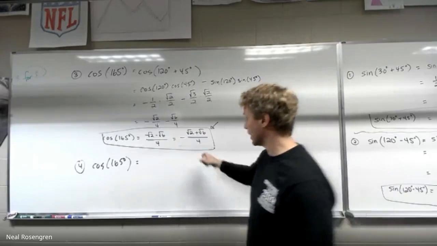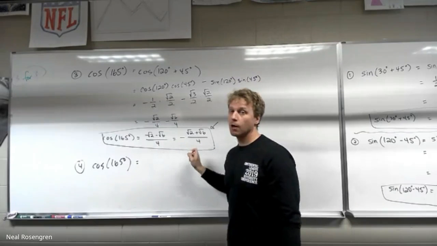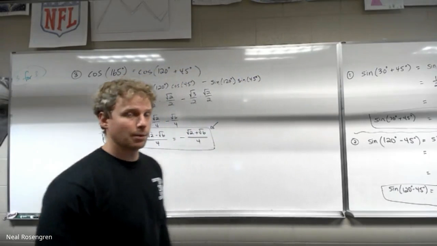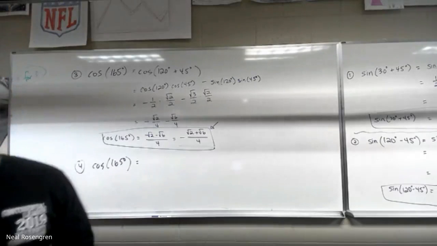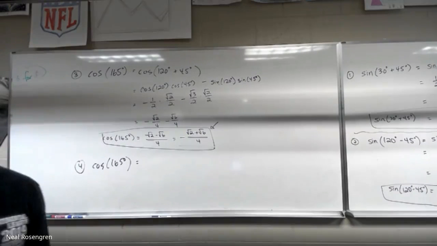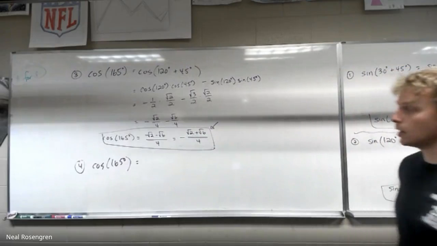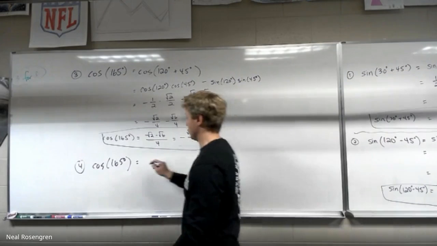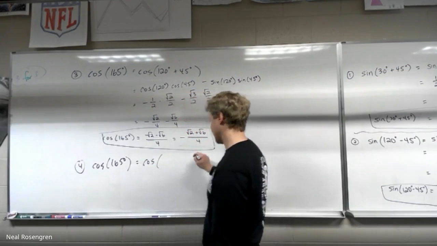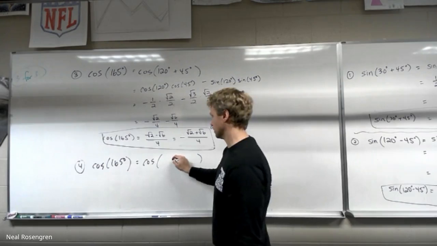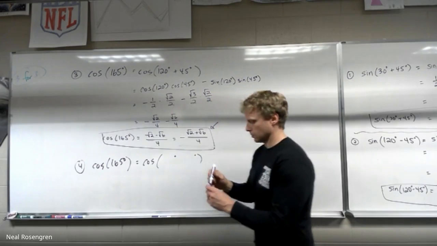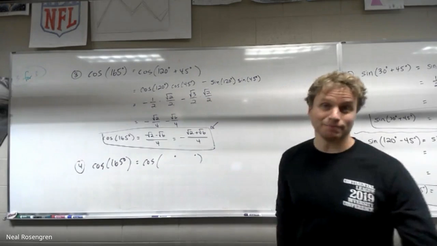See if you can get to either one of these same answers by doing the exact same thing. Try that. See if you can come up with a way to either add or subtract two unit circle spots of something degrees, plus or minus something degrees, and then do it.